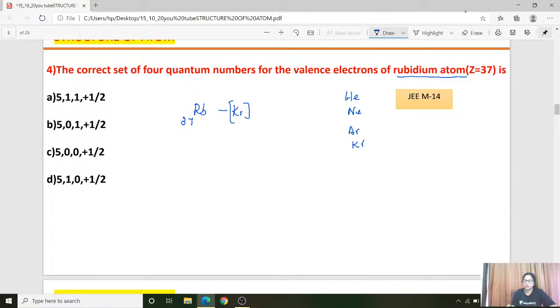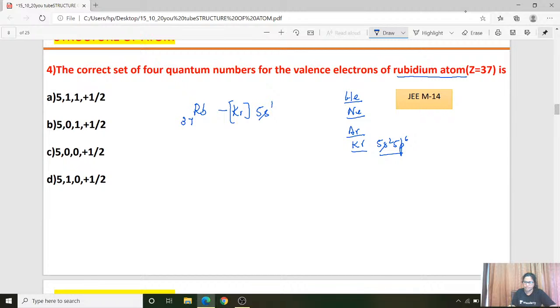So what will be the next orbital there, after helium, neon, argon, krypton? It is 5s1. Rubidium is, so this is 2, this is 3, this is 4, this is the fifth one. The orbitals filled are 5s2, 5p6, student.